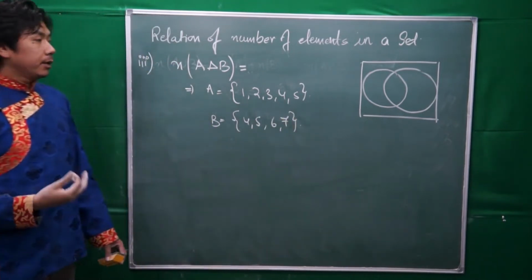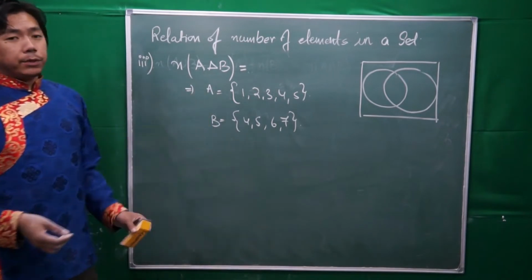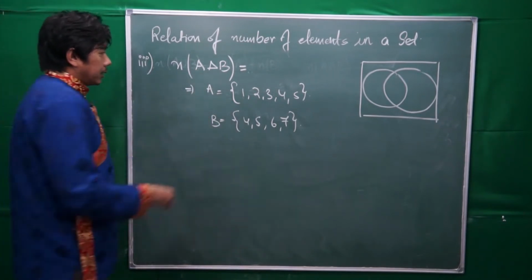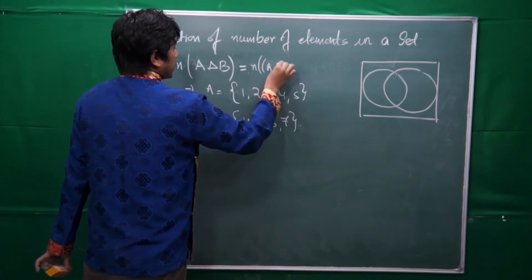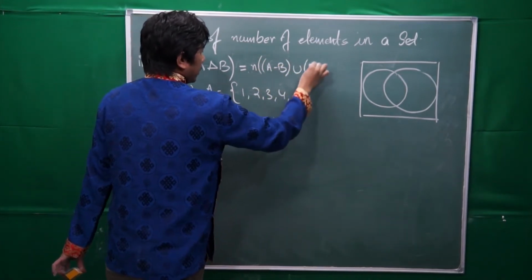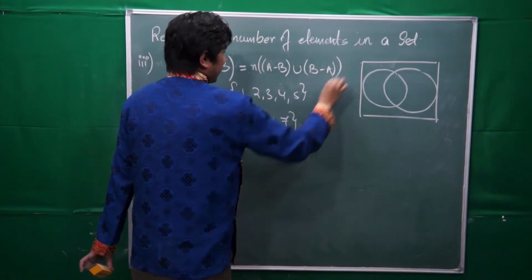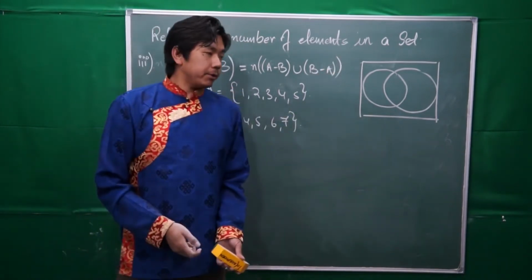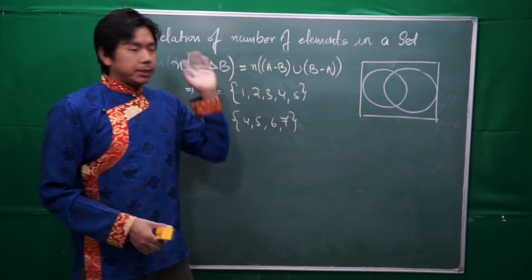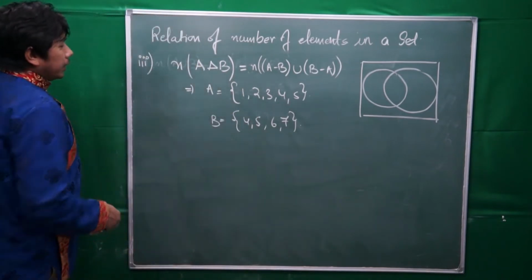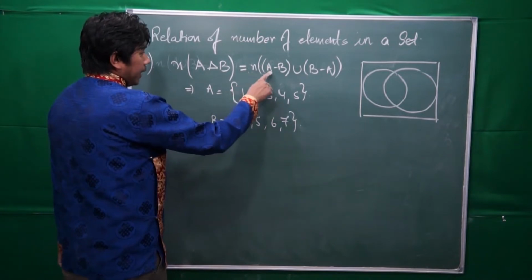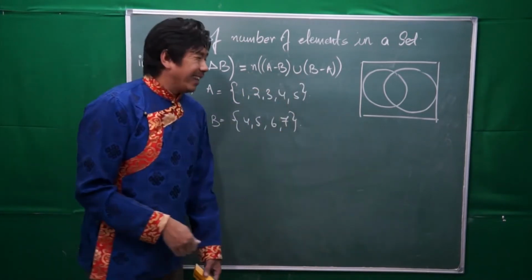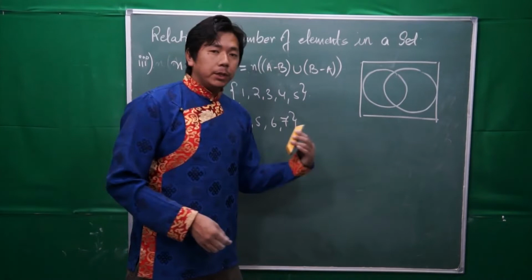Something like this. Alright. Now as we know, symmetric difference is usually written as A minus B union B minus A. This is how we represent symmetric difference. Okay, this part we discussed earlier. So over here you can see clearly, the number of elements in A minus B union B minus A, in the Venn diagram, represents which region?